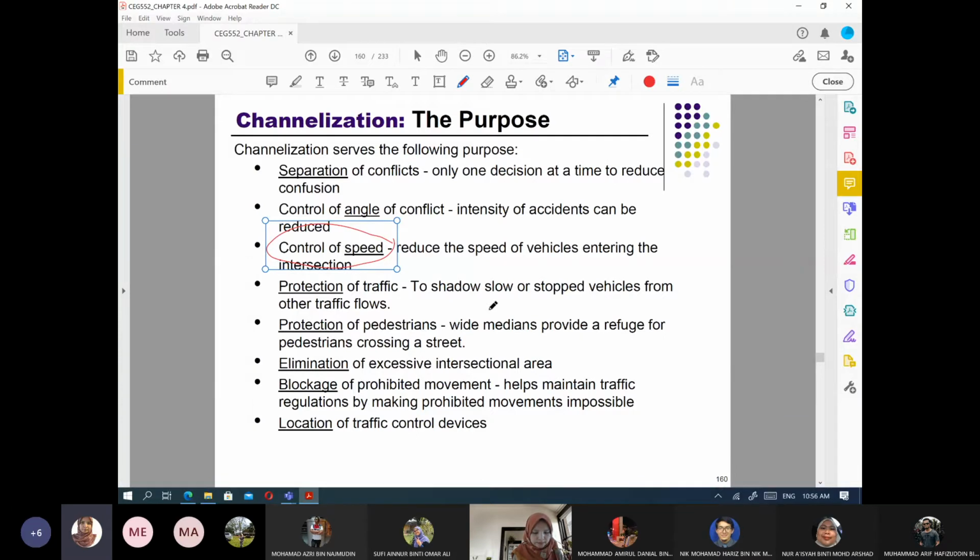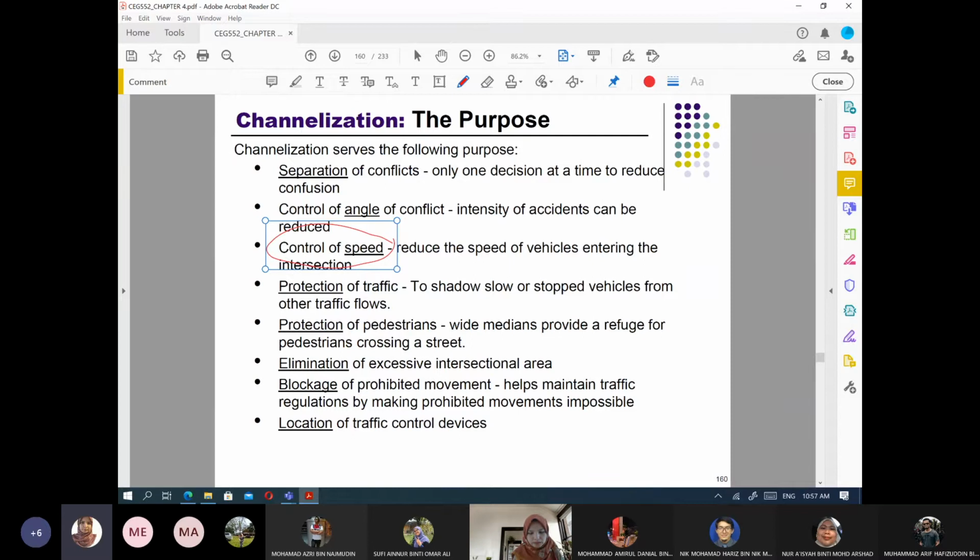Okay, macam saya explain tadi lah, kita boleh slow down, boleh stop. Protection of pedestrian, ni macam tadi, refuge, kita boleh jalan kat atas tu untuk pedestrian. Eliminate excessive intersectional area, block prohibited movement. Okay, nanti ada pula yang motor lah kan, dia nak cepat, so dia akan just cross anywhere yang dia nak tengah-tengah tu.